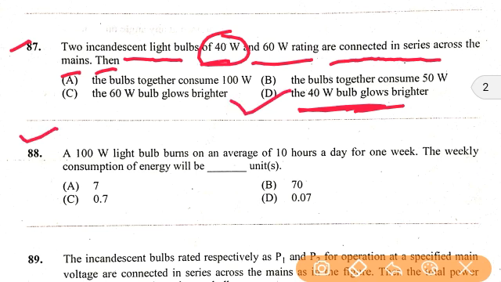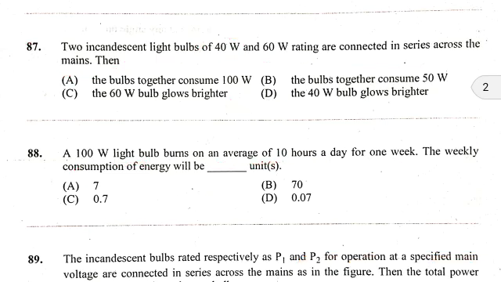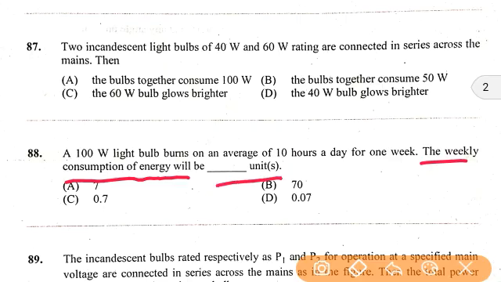In the next question, a 100 watt light bulb burns on an average of 10 hours a day for 1 week. The weekly consumption of energy will be how many units? So we have a 100 watt bulb for 10 hours in a day for 1 week.